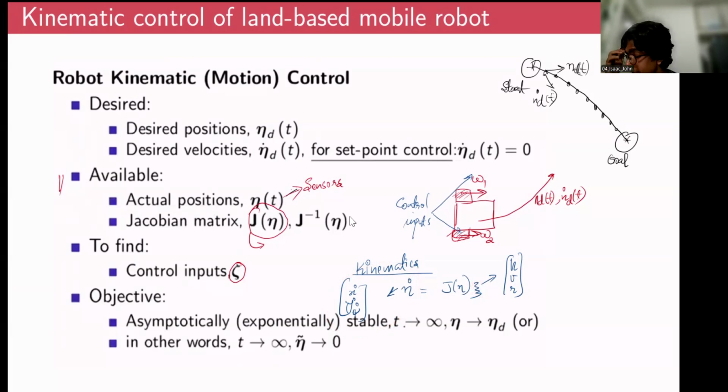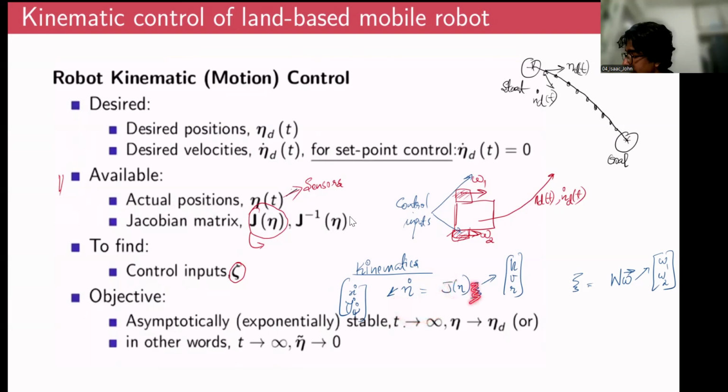Right? So once you estimate theta, you know one more relation. Theta is nothing but W multiplied by the omega vector, where this omega vector is omega 1, omega 2 for a differential wheel robot. So once you have these desired velocities, you can find theta by pre-multiplying with the Jacobian matrix on the left-hand side.